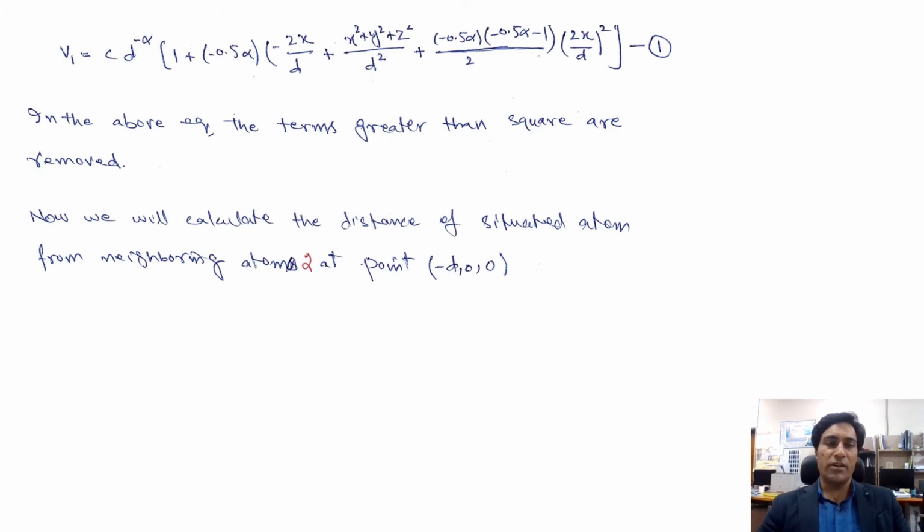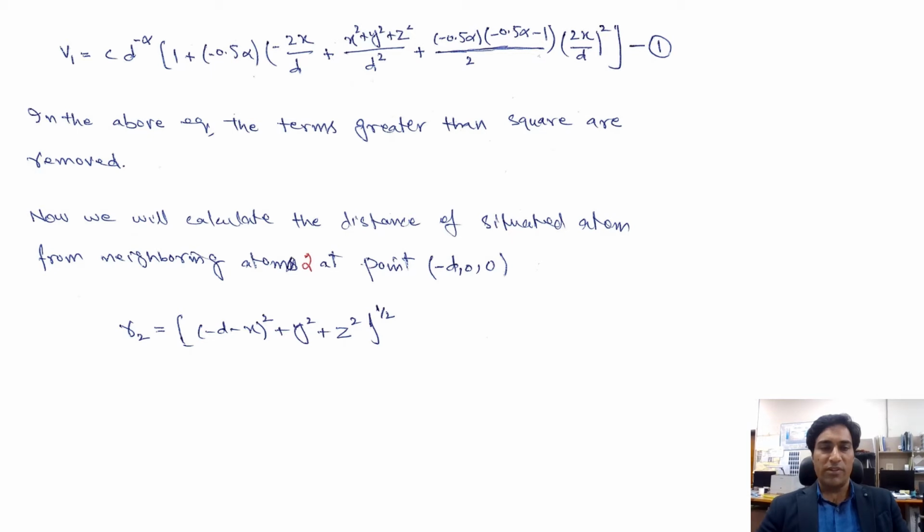Now we will calculate the distance of the situated atom from neighboring atom 2, which is situated at point minus d, 0, 0. In the previous case we calculated V1 and used the value of r1. Now we have to calculate V2 and we will use the value of r2. So r2 means the position of the situated atom from neighboring atom 2, which is situated at this point.